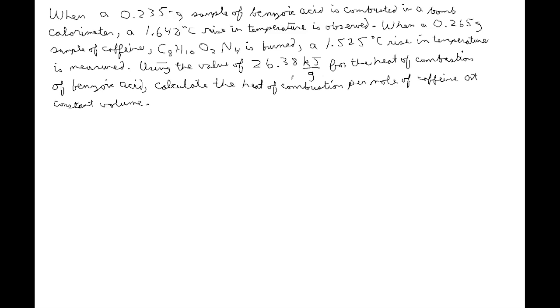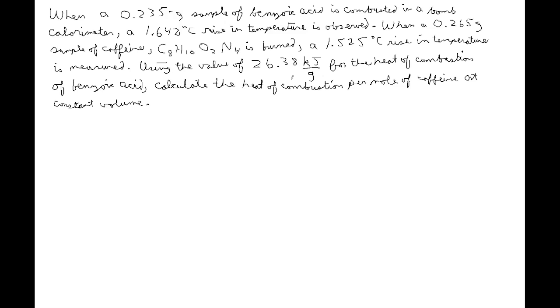When a 0.235 gram sample of benzoic acid is combusted in a bomb calorimeter, a 1.642 degrees Celsius rise in temperature is observed. When a 0.265 gram sample of caffeine, C8H10O2N4, is burned, the rise in temperature is 1.525 degrees Celsius.